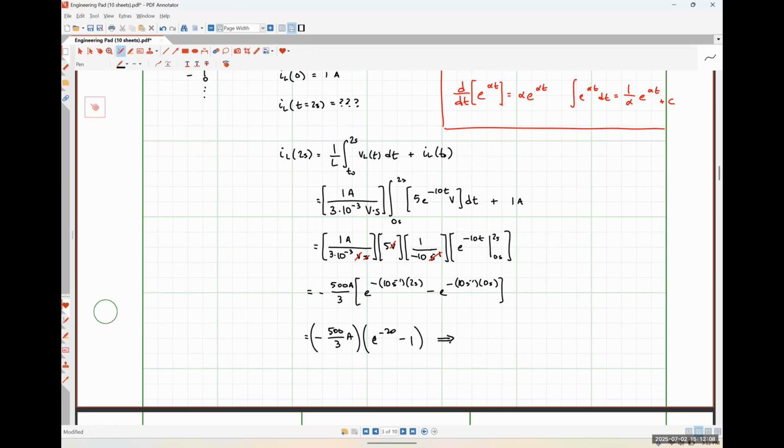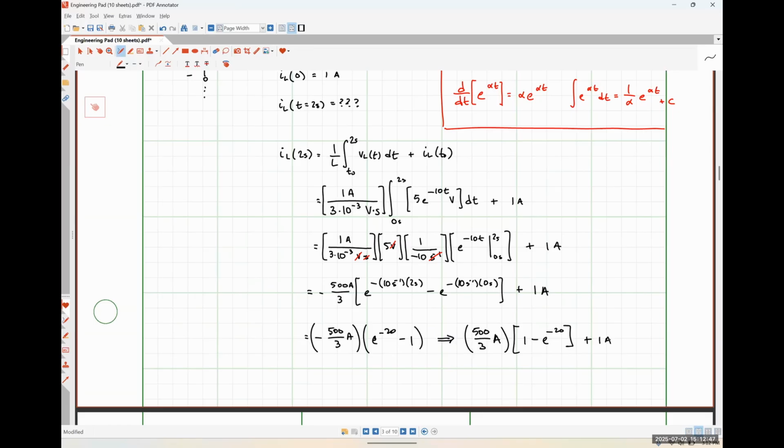So this is going to wind up looking like 500 thirds of an amp times 1 minus e to the minus 20. I forgot to add plus 1 over here, so I'll add plus 1 amp here as well. Sorry for forgetting the initial condition; that is very important. But I just wanted to show you guys how the units wind up working here. Hopefully this example didn't actually wind up confusing you further.